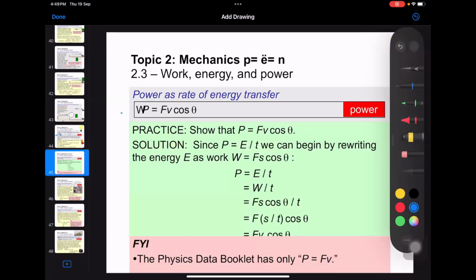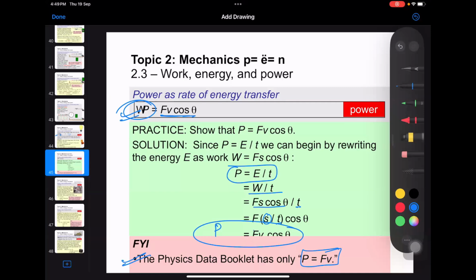We can also write power as F into V into cos theta, because power is work upon time, which can be written as Fs cos theta upon t. The displacement upon time is velocity. You will find this in the data booklet: power is equal to F into V. The theta indicates that the force and velocity have to be in the same direction. So if the power is constant, the force must be constant, and the velocity also has to be constant.